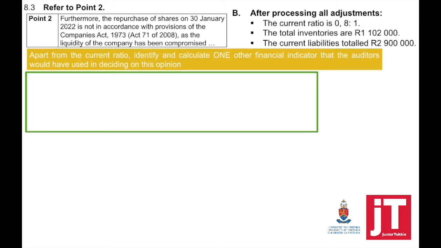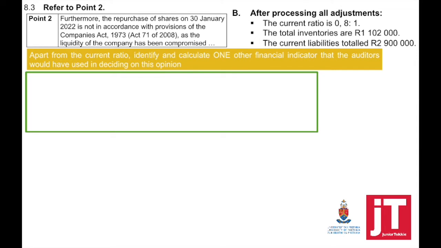So the question says, apart from the current ratio, identify and calculate one other financial indicator that the auditors would have used in deciding on this opinion. Another option that we can look at is the asset test ratio. And let the information guide you.